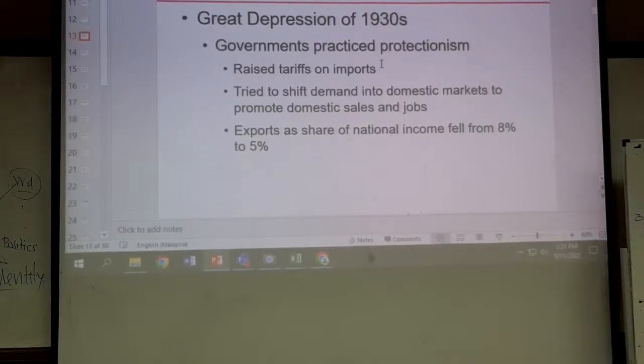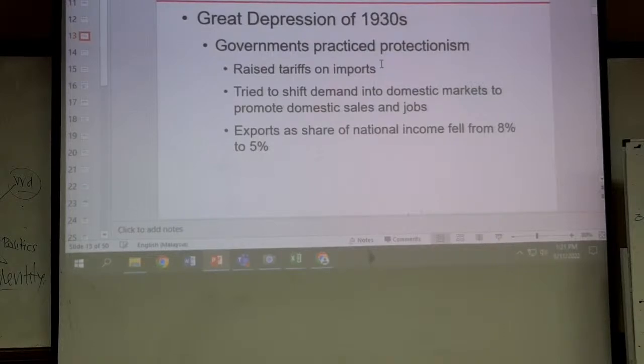What are barriers to trade? High tariffs and quotas. What is a tariff? Products that want to come in must pay import duty, not tax. Import duty. Tax is on income.